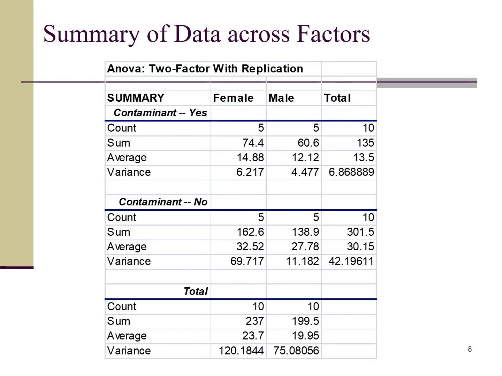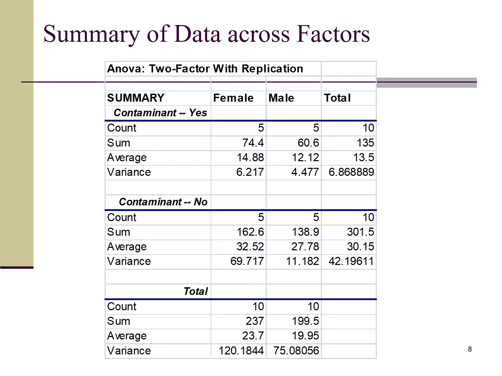So let's look at the data across factors. You can see that for all four combinations of the factors, male versus female, contaminant versus no contaminant, we have 5 observations. We can see the sum and then the average for those observations.